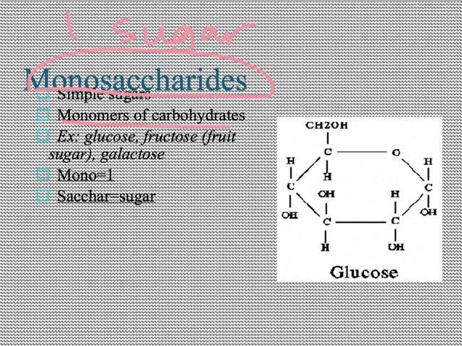These are our simple sugars. Examples: glucose, fructose, galactose. Alright, fructose is fruit sugar, so glucose is our most important one. That's why I put the picture of it over here. So when you break down a carbohydrate or a macromolecule, you break it down into small subunits of glucose so our body can use it for fuel.